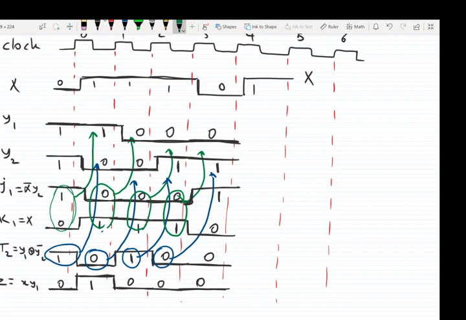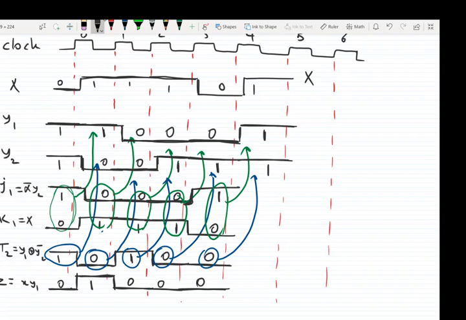Again, let's continue. This time 1 0. 1 0 means set. So at this moment, Y1 will be changed to 1, and Y2, based on the value of T2, which is 0, means no change. Also Y2 will remain 1, and time to find J1.